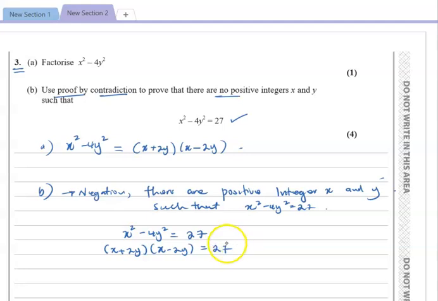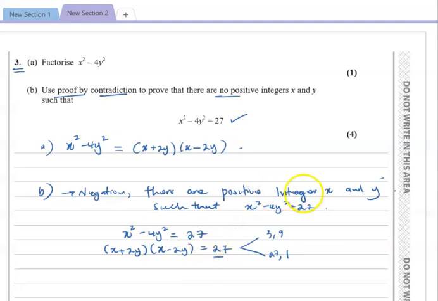Now we are going to try to solve this equation. If the product of these two brackets is 27, it means these two brackets can be either 3 and 9, or 27 and 1. We are only looking at positive numbers.